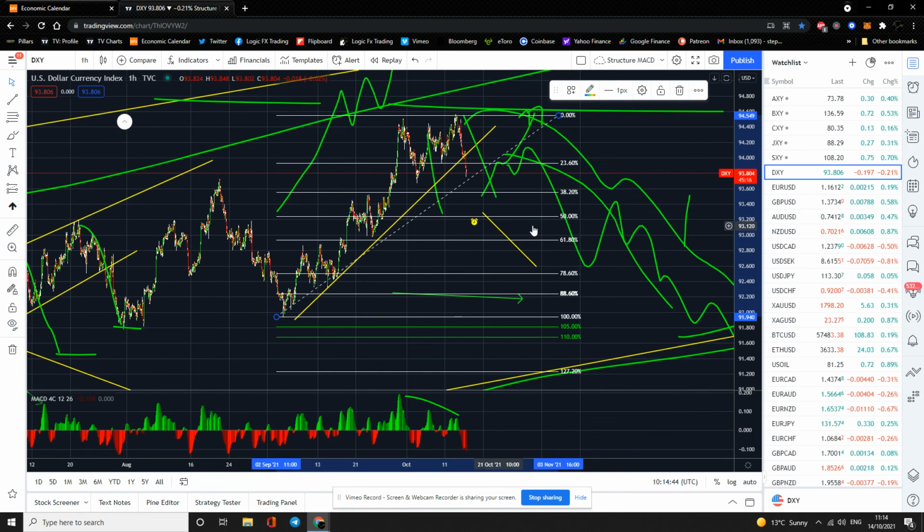If that's a fourth wave, it could come down into that area. Or if that's the height for the dollar, and there's no one suggesting that it is, but if that's the top place for the dollar, then this could be the start of the retracement of the dollar over the next lot of months, guys.